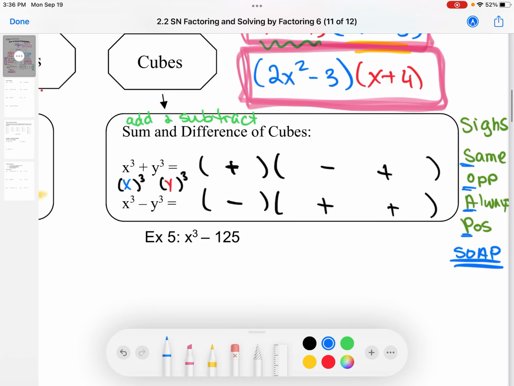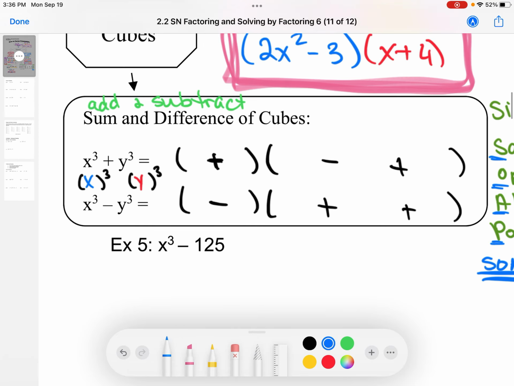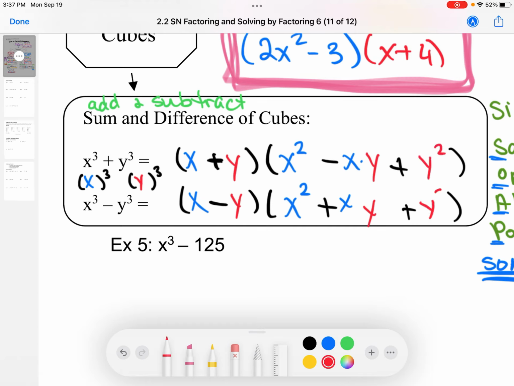Now, the other way this works is that the first parentheses has each value to the first power. So x and y go in the first parentheses. In the second parentheses, everything is to the second degree, second power. So it's x squared, then it's x times y, and then the last term is y squared.